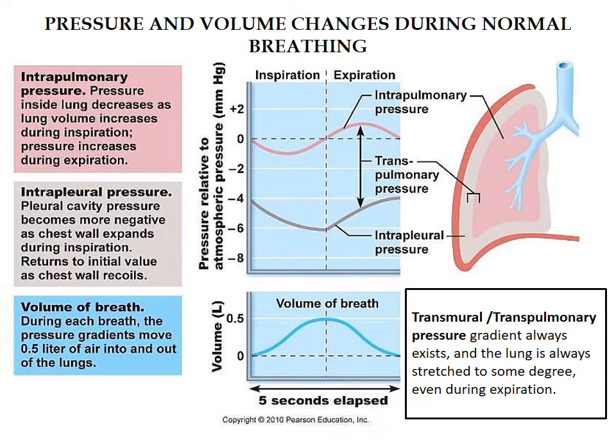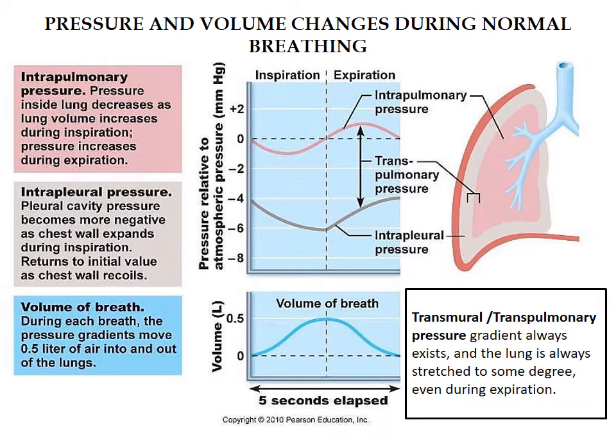Because there is an increase in the thoracic volume during the inspiratory phase, and as a result the pressure falls. What happens in the expiratory phase? You can see that this is the expiratory phase. It increases to +1 millimeter of mercury.